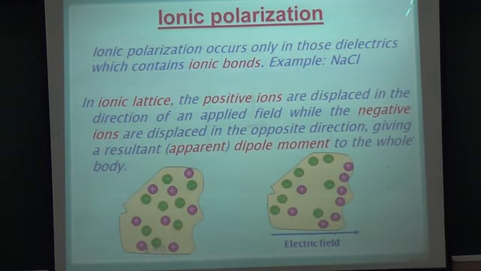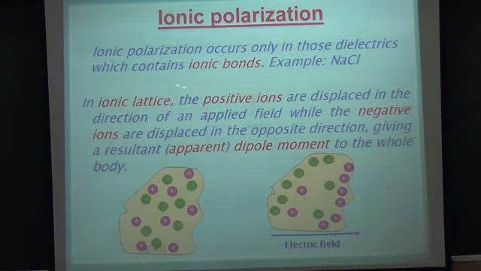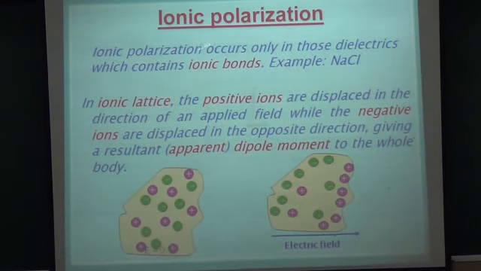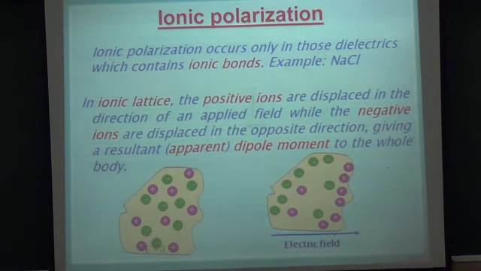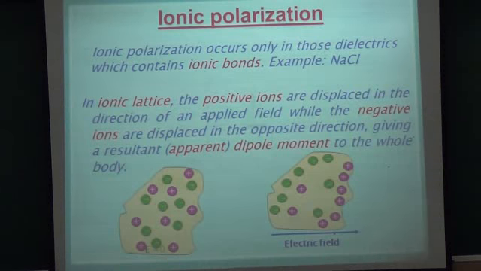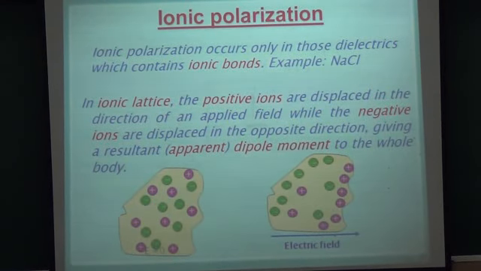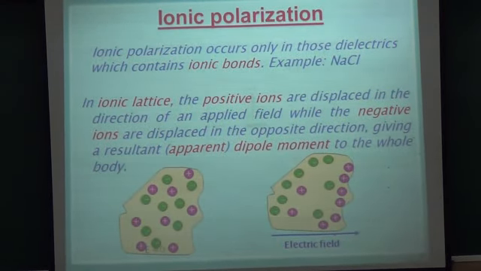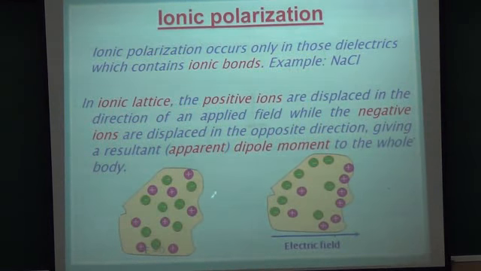Then we have ionic polarization where we have ionic bonds. So we know that where I have ionic bonds, I will be having a slight shift of positive and negative charge, depending on the electronegativity of that particular atom. So I have like this one molecule having positive charge center, negative charge center.